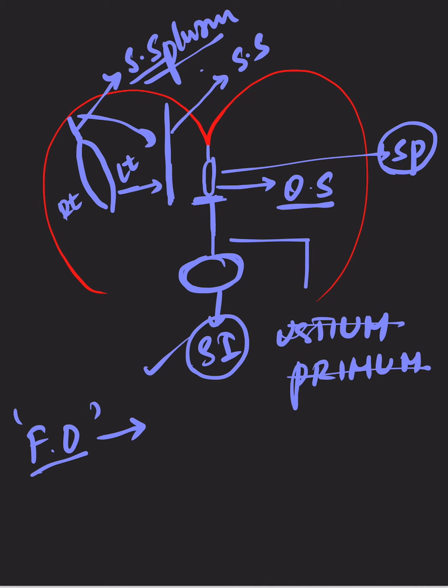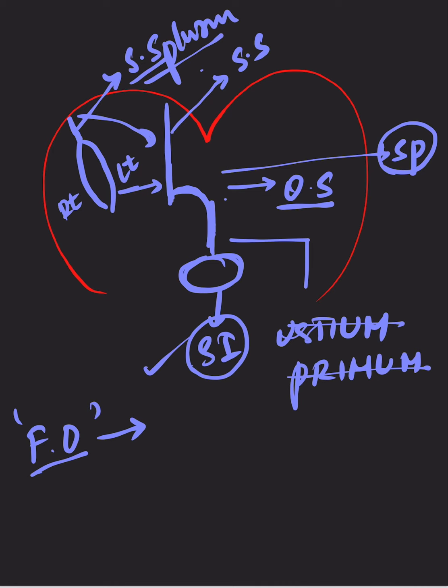So now the septum primum fuses with the septum secundum, because the septum primum acts like a flap-like structure, but septum secundum is a rigid structure. Now all of this goes away and it fuses like this.